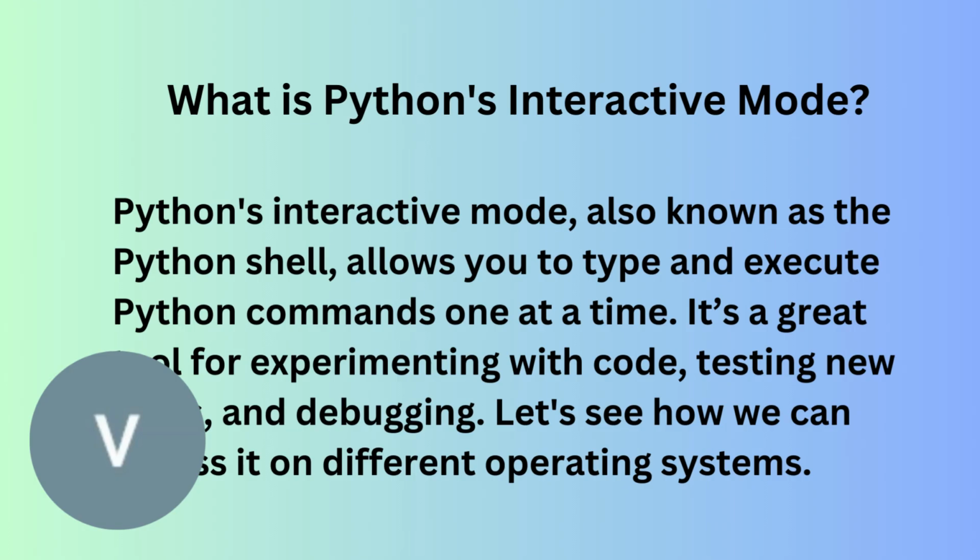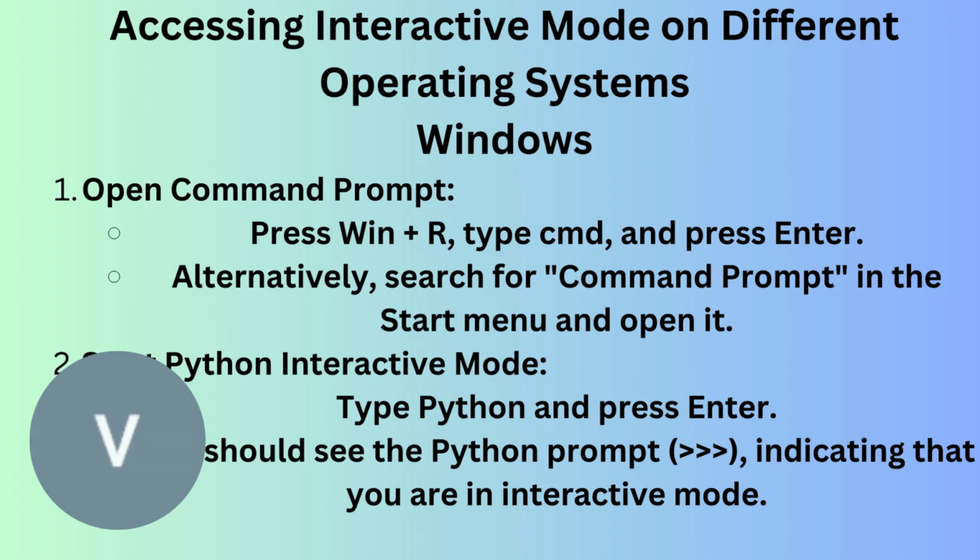Let's see how we can access it on different operating systems. On Windows, open the command prompt. Alternatively, you can open the command prompt from the start menu. Next, start Python interactive mode.